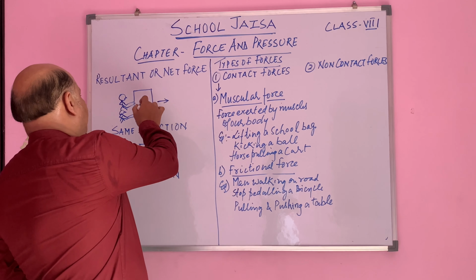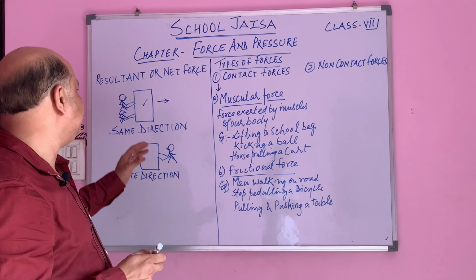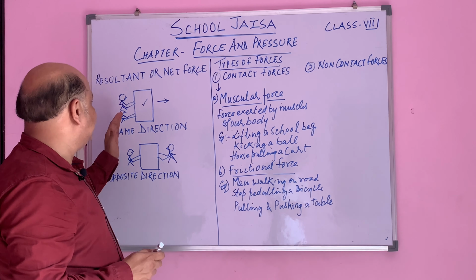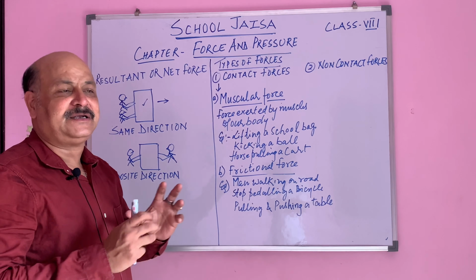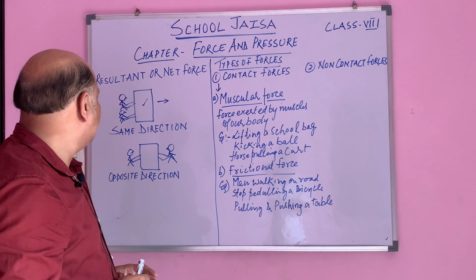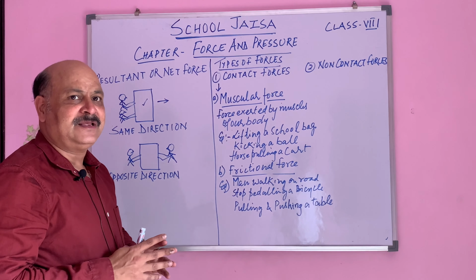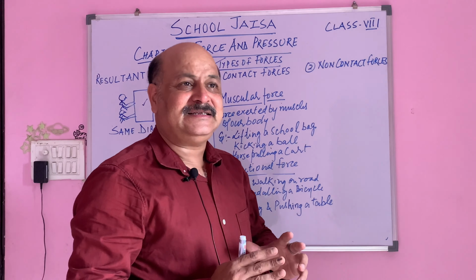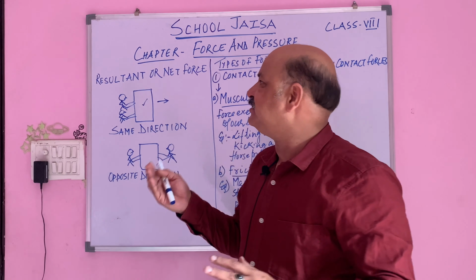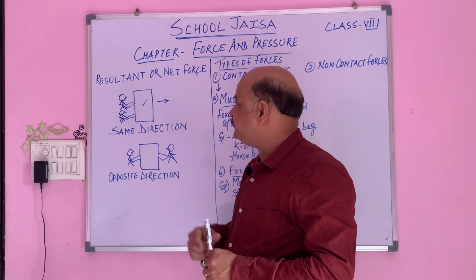What do we observe? There is an almirah, or a cupboard, and two persons are trying to push it in one particular direction. So they are applying a force and trying their best to shift it in one direction.